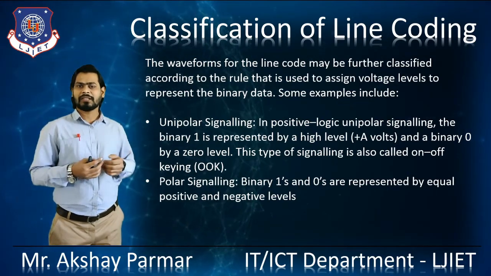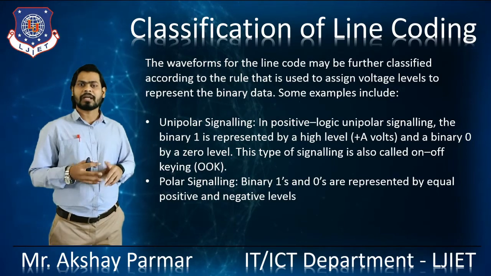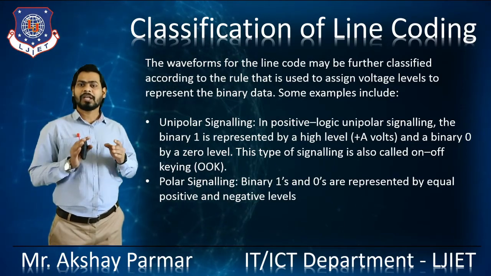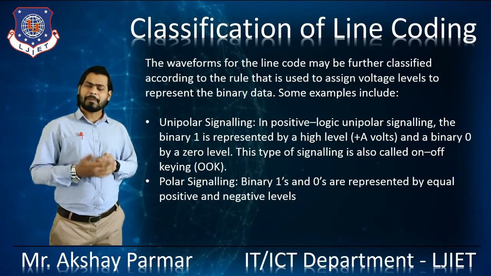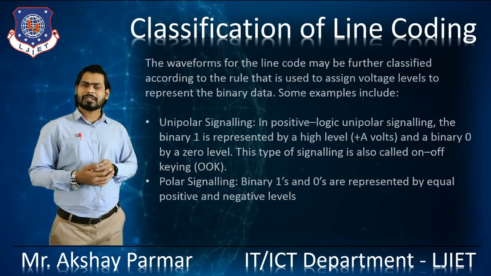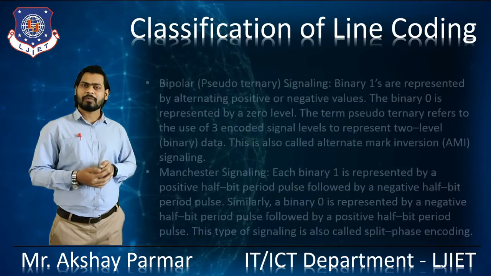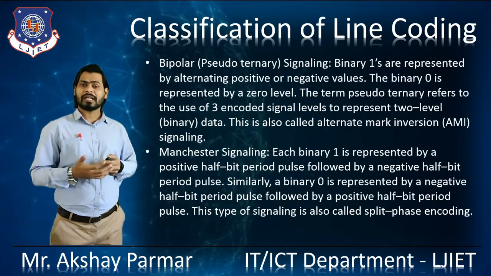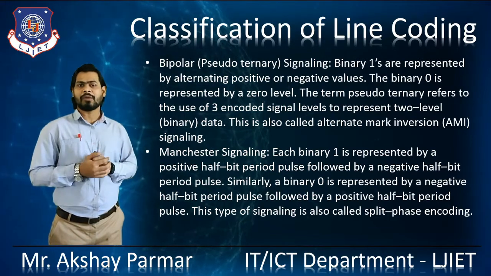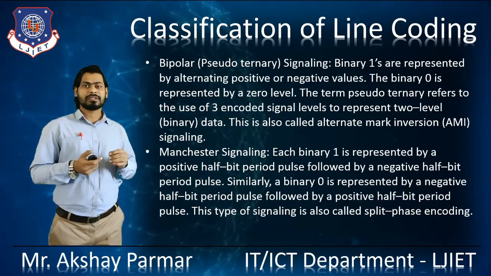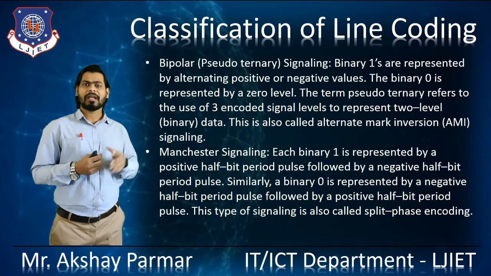In polar signaling, the binary ones and zeros are represented by equal positive and negative levels. In bipolar signaling, or pseudo ternary signaling, the binary ones are represented by alternating positive and negative values, and the binary 0 is represented by the 0 level.